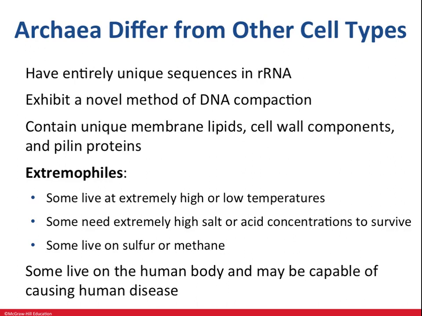The archaea live at extreme high or low temperature, need extreme high salt or acid concentration to survive, and live on sulfur or methane, because archaea actually lived in extreme tough environments.